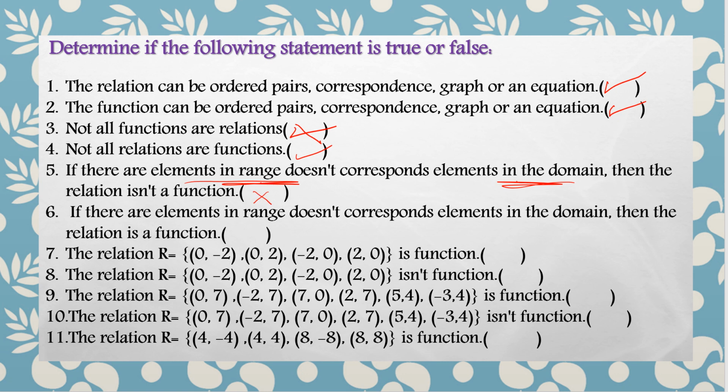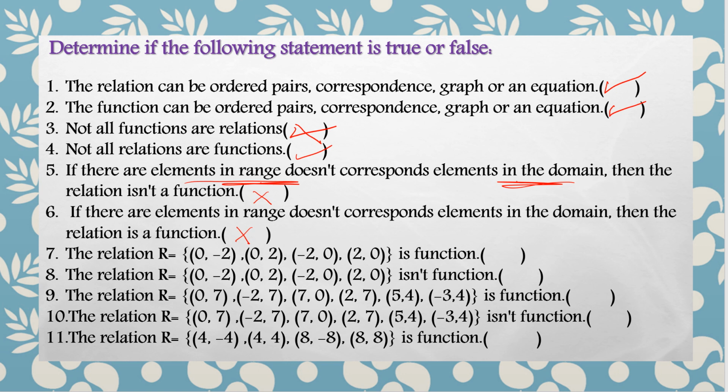Statement 6, if there are elements in range that don't correspond to elements in the domain, then the relation is a function. Here also it is false, as determining whether the relation is a function or not depends on elements of the domain, not the elements of the range.